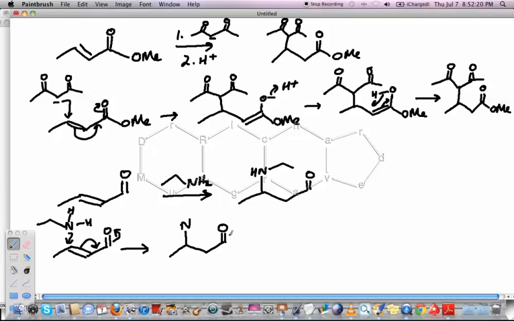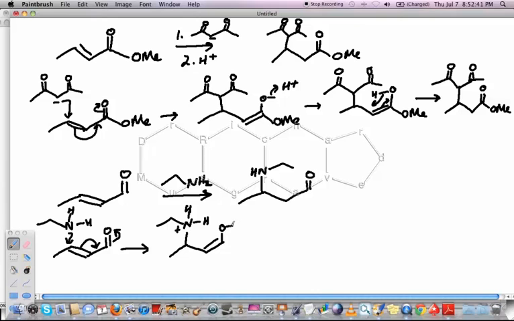That O will have a negative charge. And the amine will have a positive charge. I have a double bond here as well.